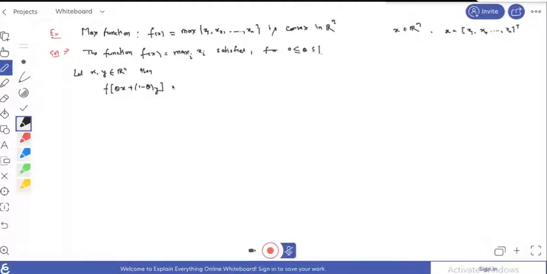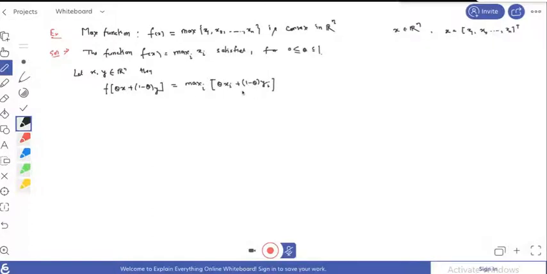So this equals the maximum over all i, where i varies from 1 to n, of theta xi plus (1 minus theta) yi, because x has components x1, x2 to xn, and y has components y1, y2 to yn.